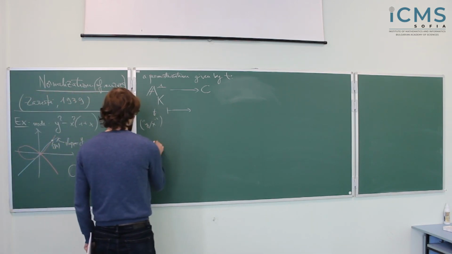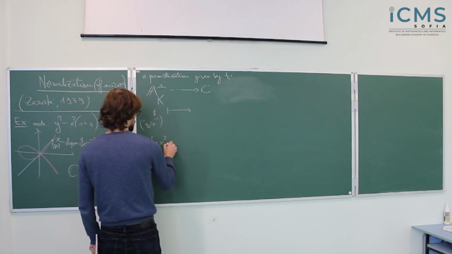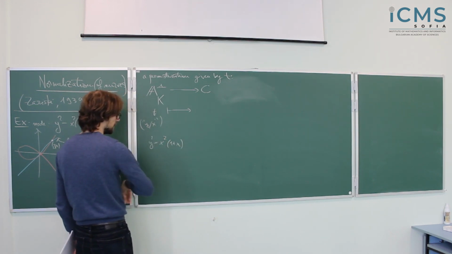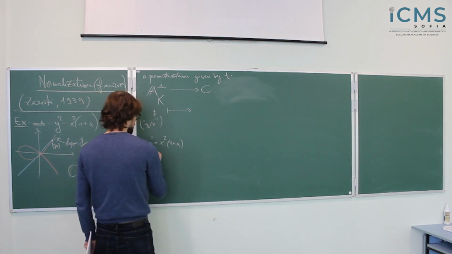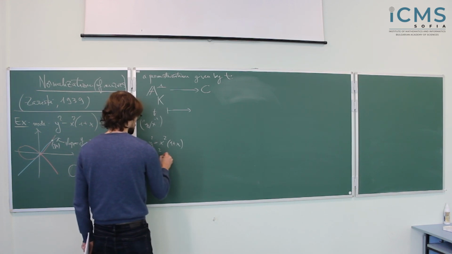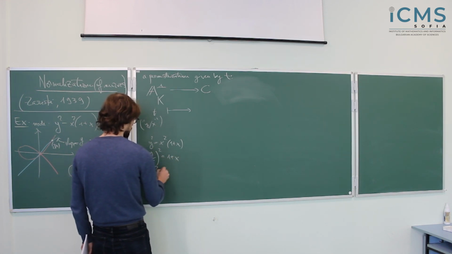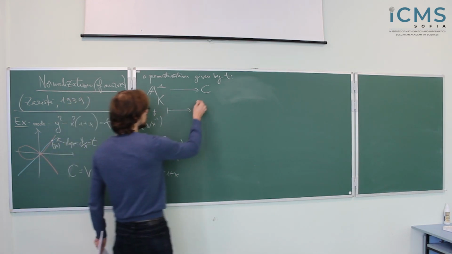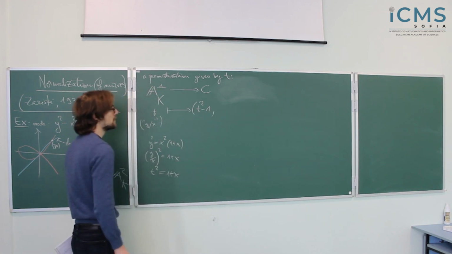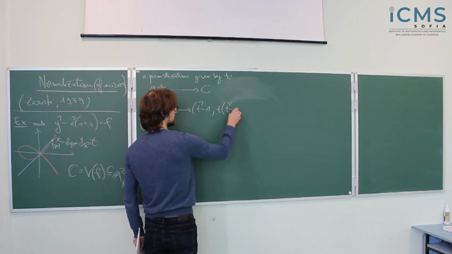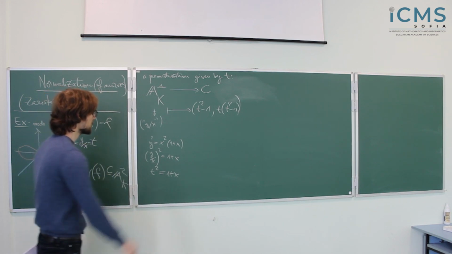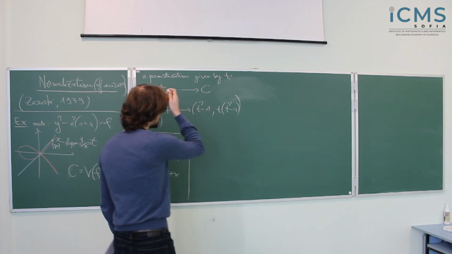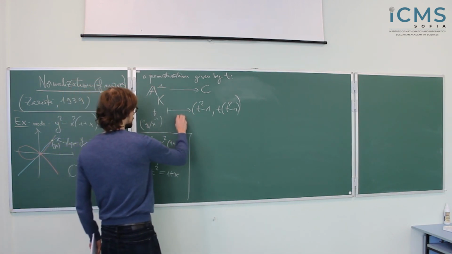So if I have y squared is equal to x squared times 1 plus x, I divide by x squared whenever x is different from 0. So I find y over x squared is equal to 1 plus x. So t squared is equal to 1 plus x. So x is simply t squared minus 1. And to obtain y, I just multiply by t. So this is a birational morphism.